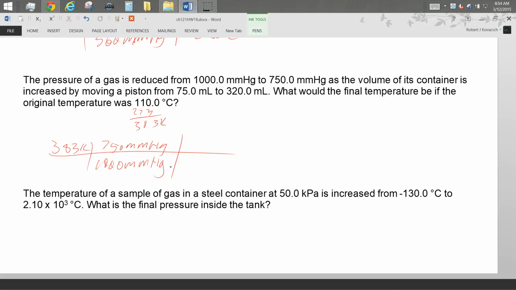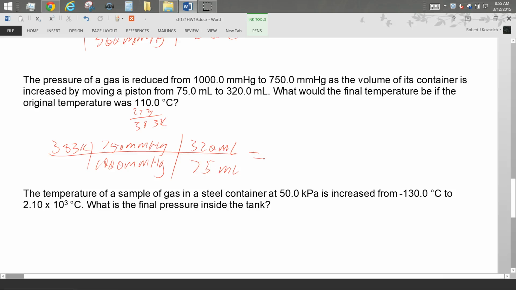So then I'm going to take the bigger number, my 320 milliliters, on the top, and 75 milliliters on the bottom. And so we'll get 383 times 750 divided by 1,000 times 320 divided by 75.